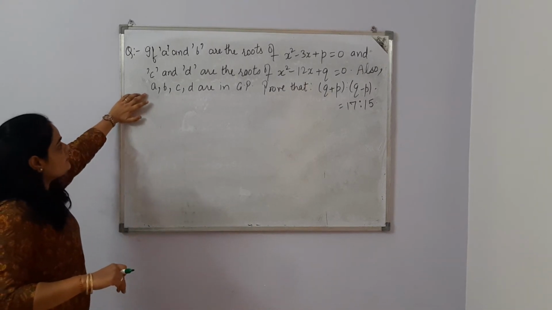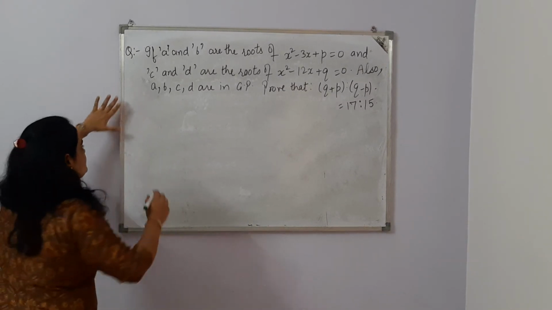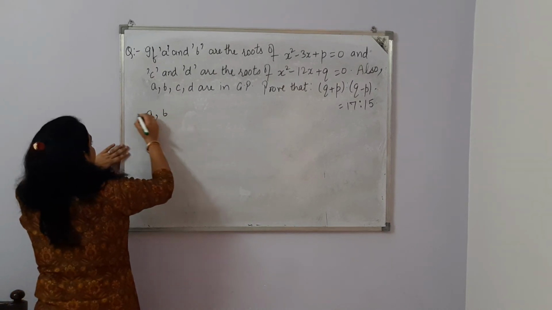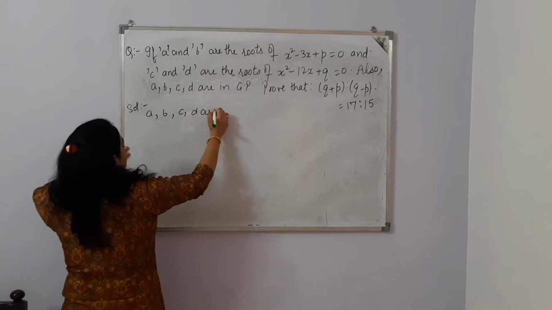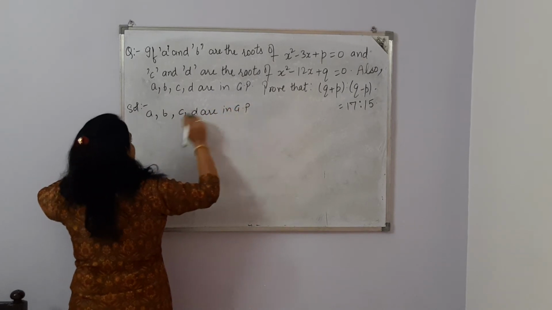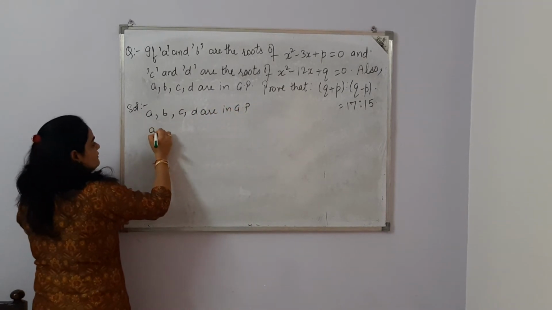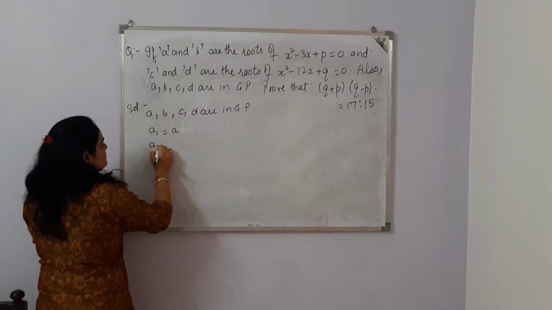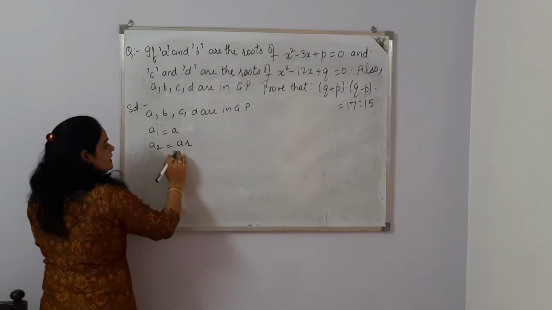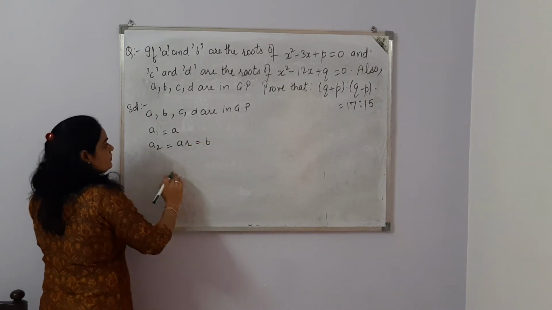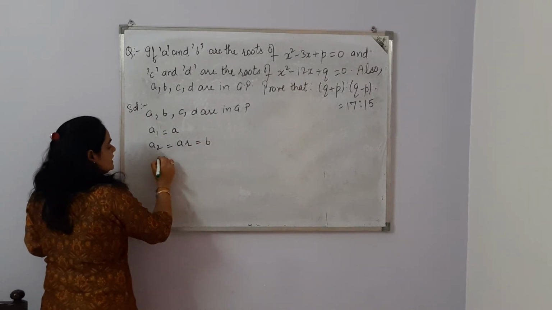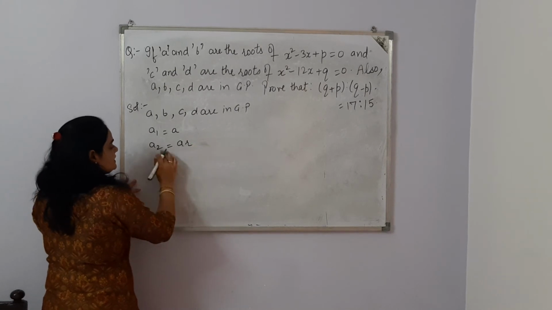Now, the first condition is A, B, C, D are in GP. If they are in GP, the first term is A, the second term is AR, so B is equal to AR.